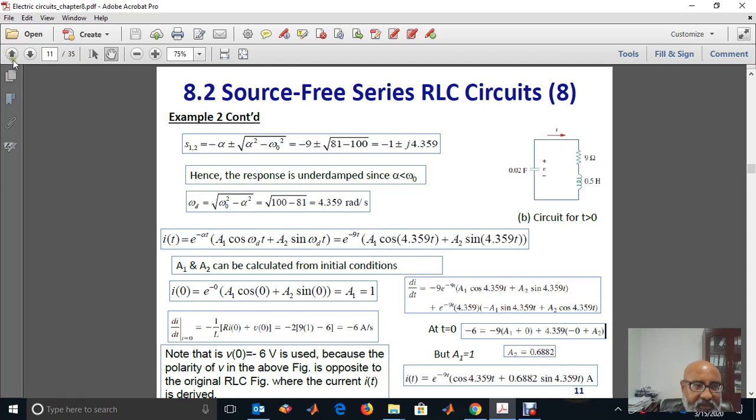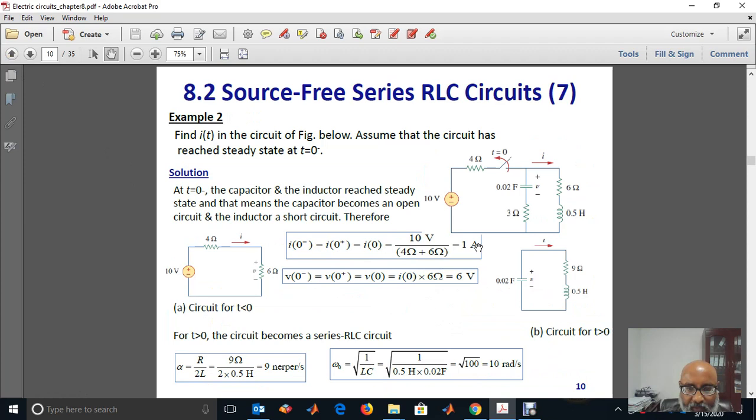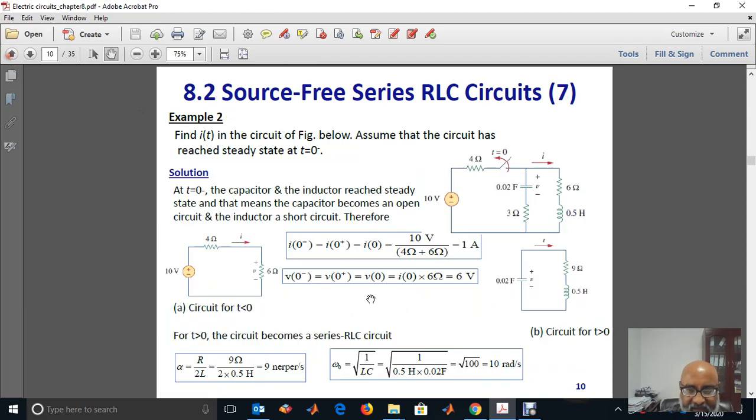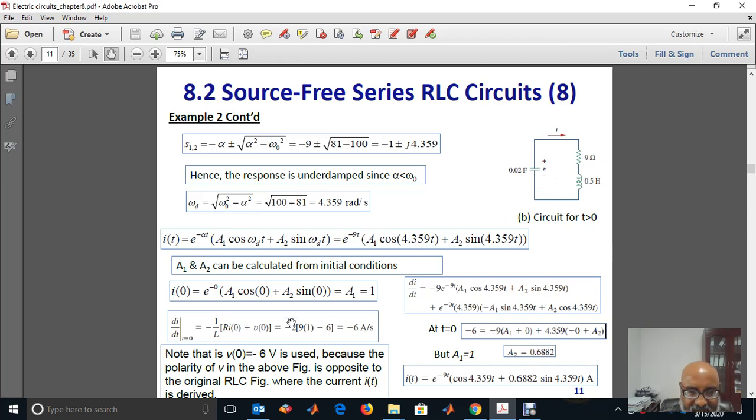From the initial conditions. i at 0 is 1 ampere. So we substitute t equals 0 in this equation, then A1 cosine 0, A2 sine 0, and we get A1 is equal to 1. What about di by dt at t equals 0? di by dt at t equals 0 is negative 1 over L times R i at 0 plus v at 0. i at 0 we already have, it is 1 ampere. v at 0 here is minus 6 volt.